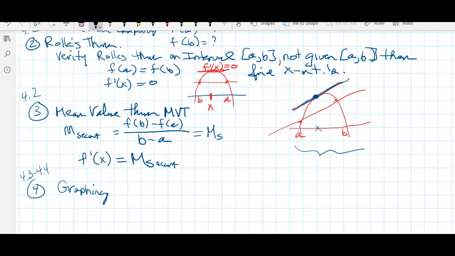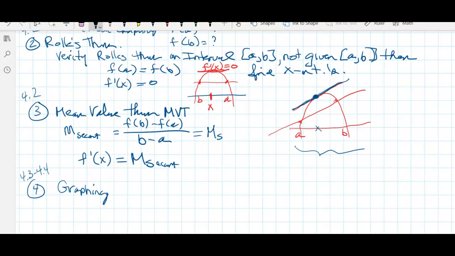You're given the function. You just take the derivative of the function. No, there's two things you're doing. You're given a function f of x, so you can find the derivative of that function. You have to set it equal to this slope, because the slope is the secant line.